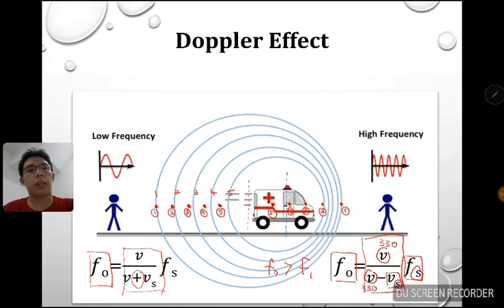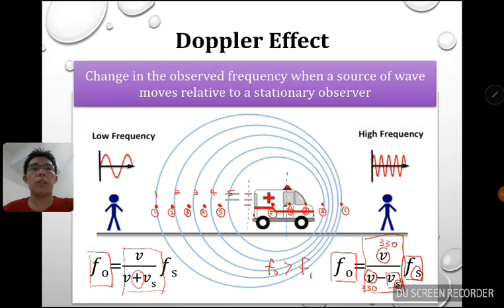So now let's go to the definition of this Doppler effect. You need to describe in words also. It's the change in the observed frequency, that's the FO, when a source of wave, that's the ambulance, moves relative to a stationary observer. So we only deal with a stationary observer in A-level case. Of course, the Doppler effect also applies when the observer is not stationary, but we just deal with a stationary observer.